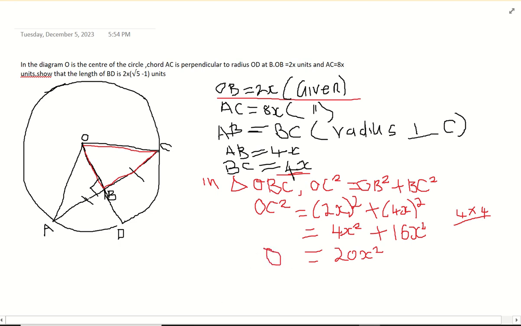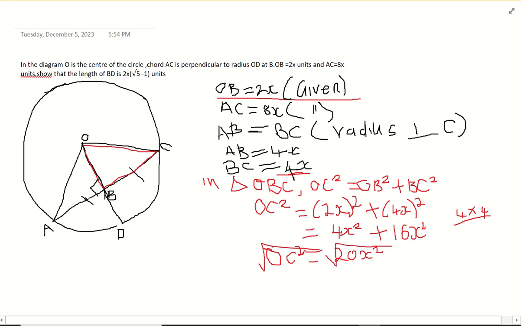That's OC squared. Then since we have squares on both sides, we are going to take a square root on both sides.